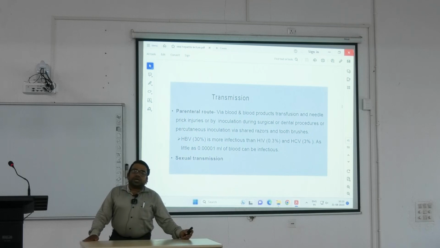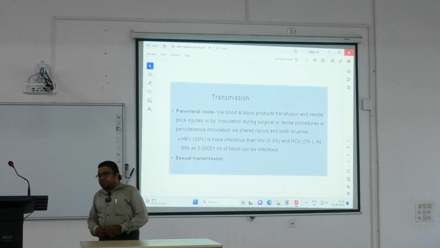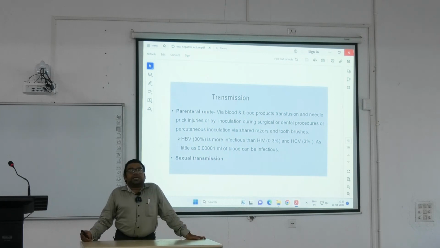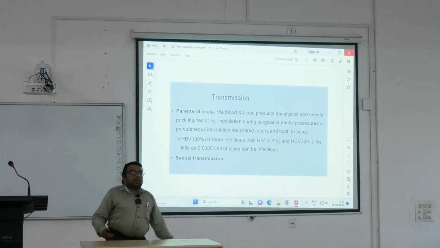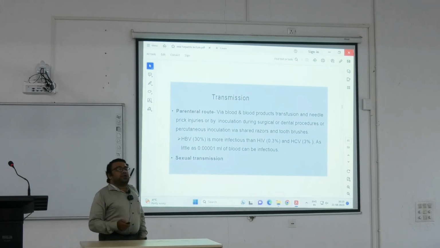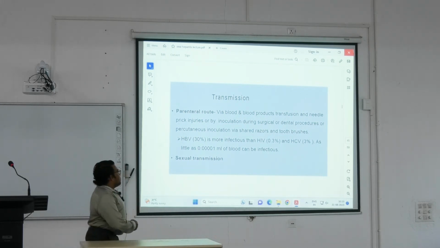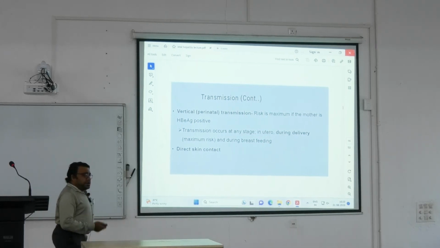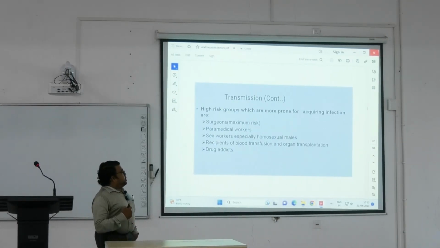Generally, people are more scared of HIV, but please remember, hepatitis B virus can survive even in clotted blood samples. Okay. So this has a higher rate of transmission as compared to HIV virus. Other methods would be vertical, that is perinatal, and direct skin contact.